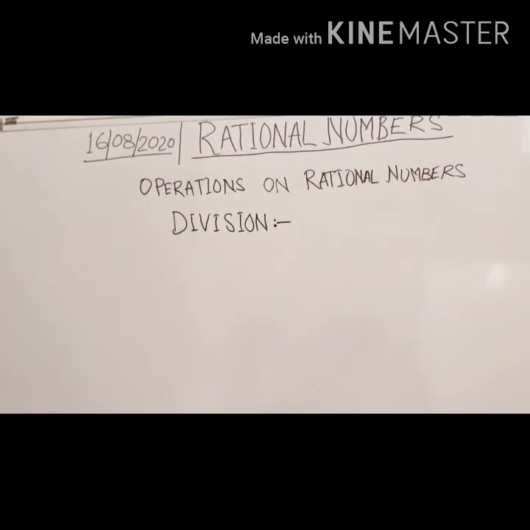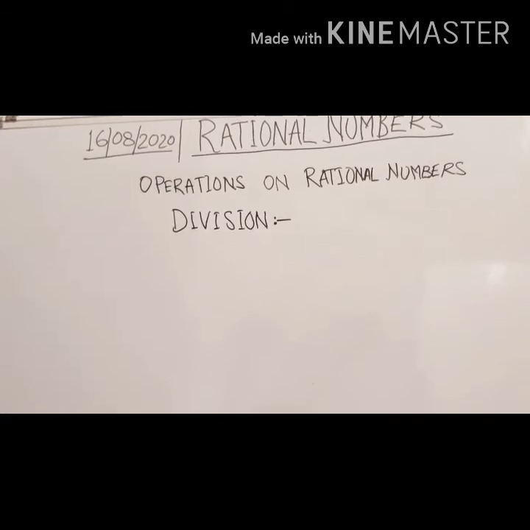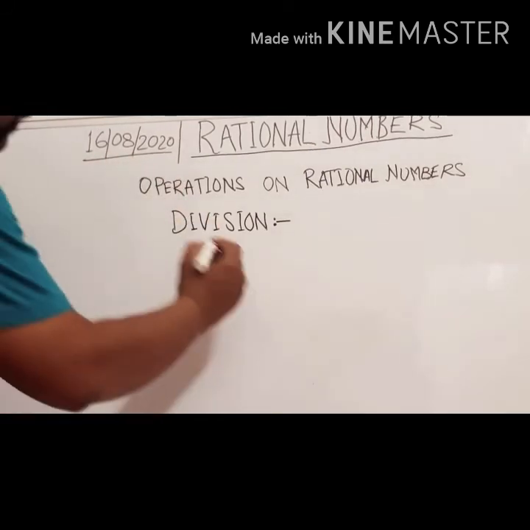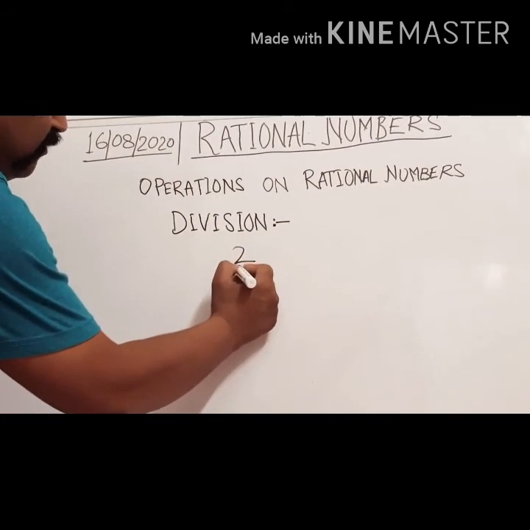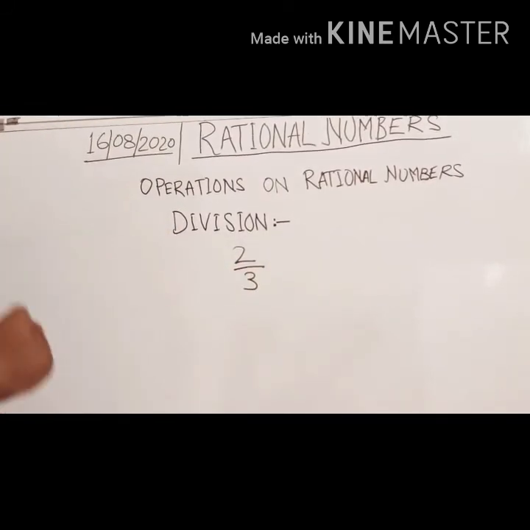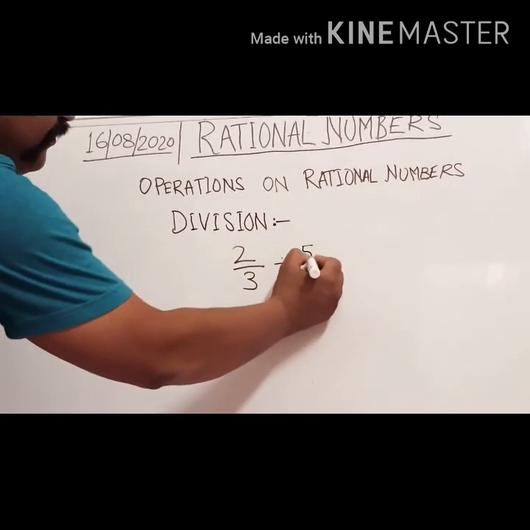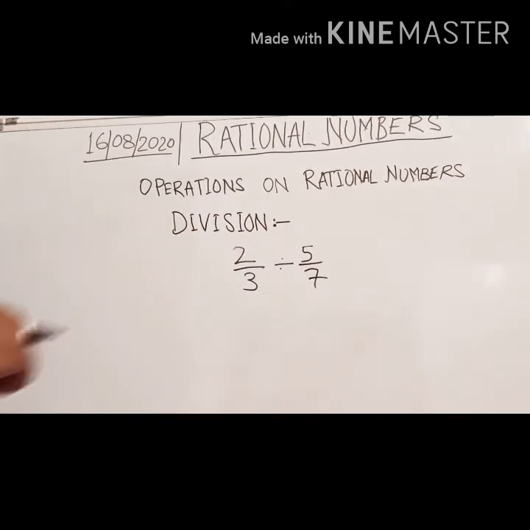Now we will go for our next operation on rational numbers, that is division of two rational numbers. This is a little bit tricky but much easier than addition and subtraction, and a little bit the same as multiplication. See the operation. Suppose you have the number 2 by 3, and it has to be divided by another number 5 by 7.